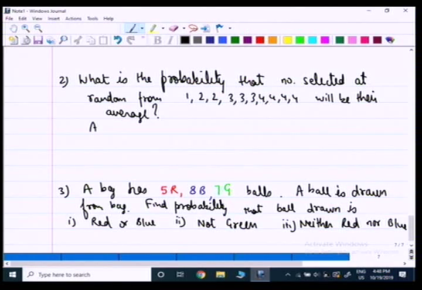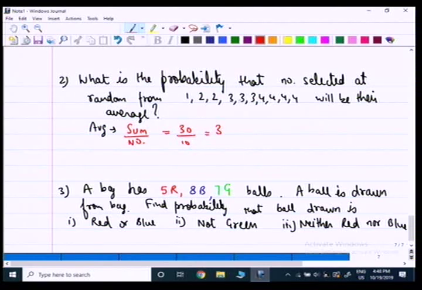The sum of these numbers is 16 plus 9, 25, and 30. So the average is the sum upon the number of numbers. The sum is 30 and the numbers are 10. So the average is 3.